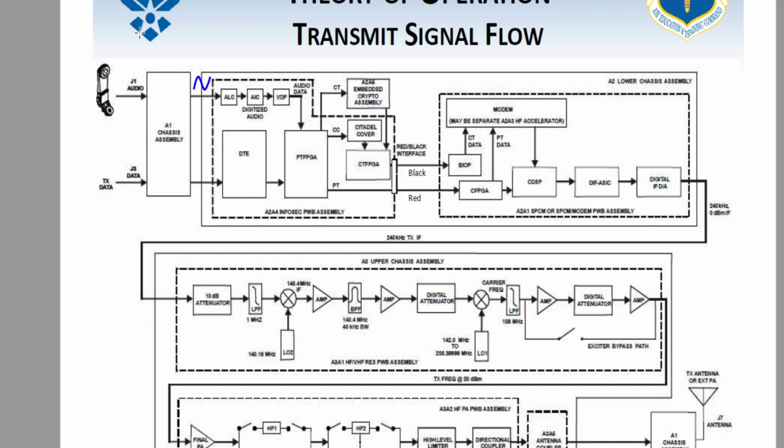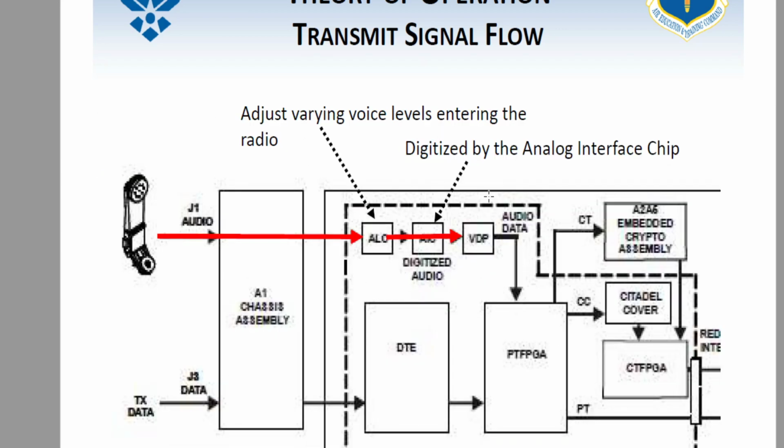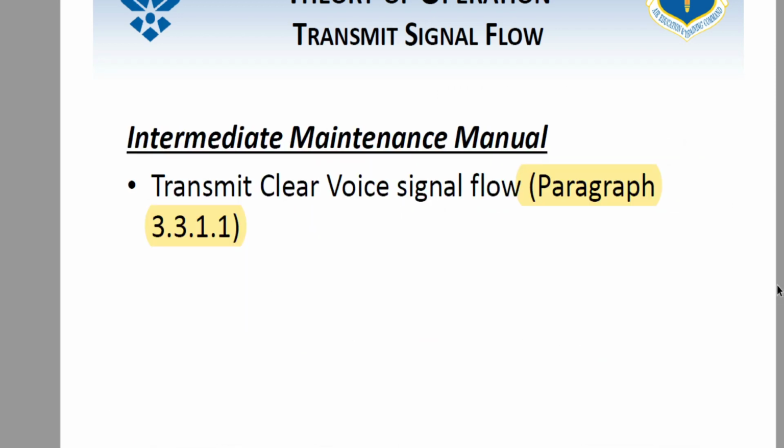Good. All right, so now we're going to learn what was happening to that audio that you were speaking as it goes through the radio. That's the whole point of this portion right here. Okay, so everyone's got this pulled up? 3.3.1.1.